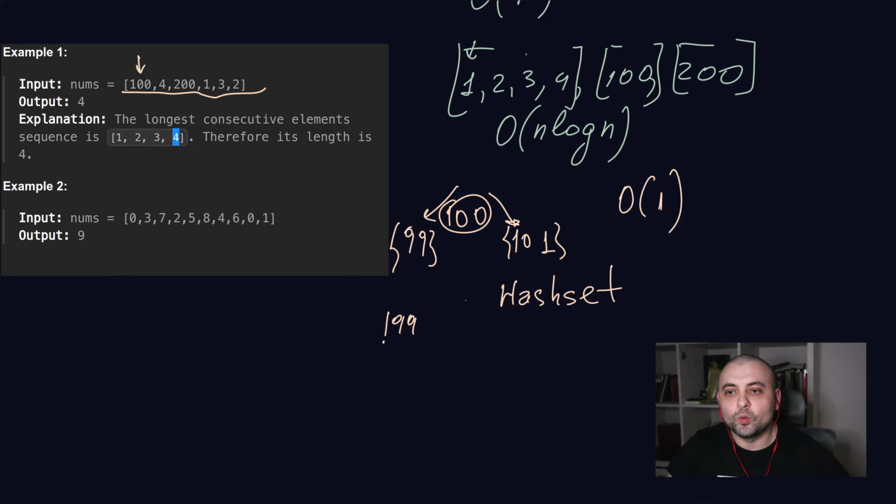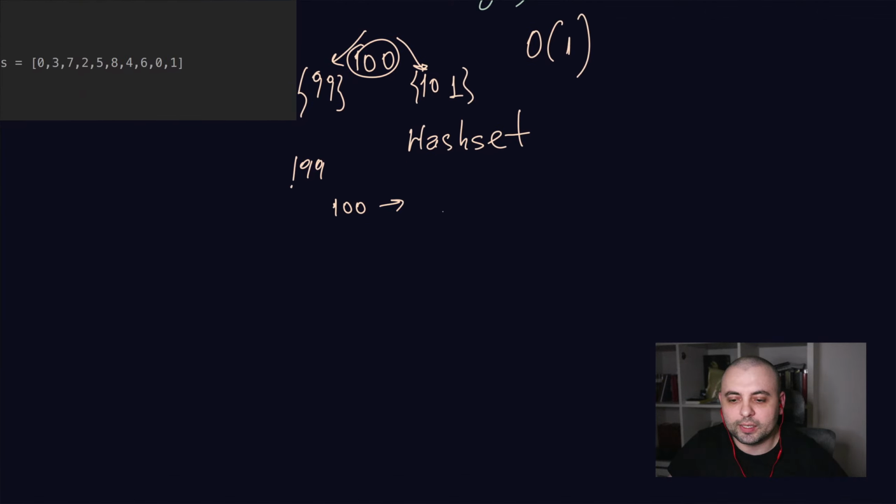And then, if you want to see how big the sequence is, we can start creating an infinite range, let's put it, and check if the next item in our sequence exists in our set. So we'll need to check if 101 exists in our hash set, and it does not. So this means we have a start of a sequence, and the sequence is of length 1.